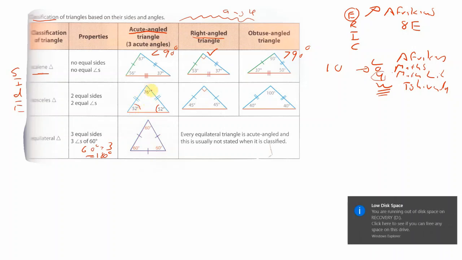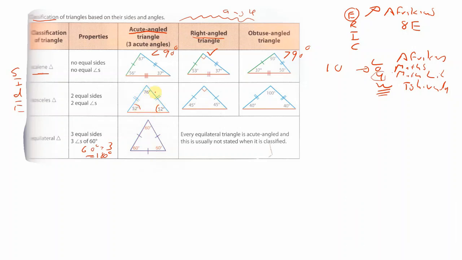And then we see the third remaining one is 76 degrees, so none of these angles are bigger than 90 degrees. They're all smaller than 90 degrees. So again, it's our acute angled isosceles triangle.